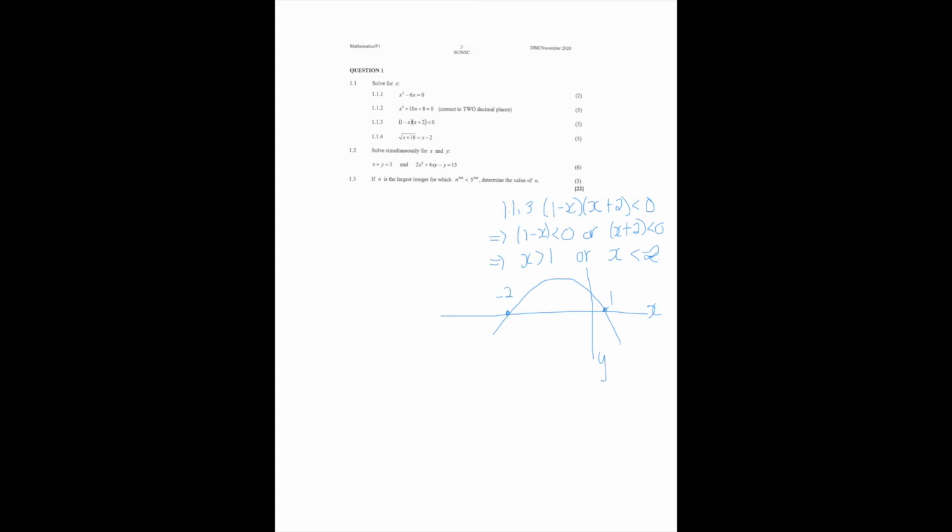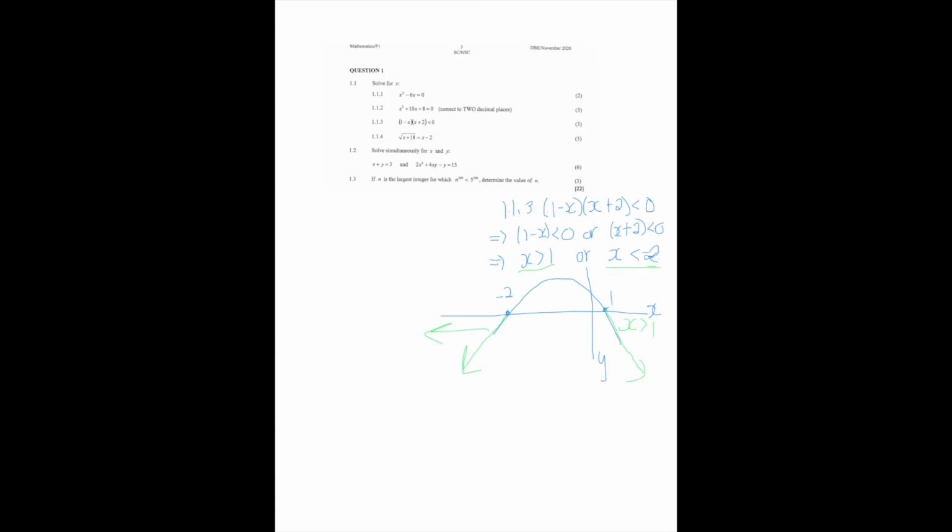And we can see that the values of y are negative where x is less than minus 2, and they're also negative where x is greater than 1, which supports the solutions that we gave here, which says that x is greater than 1 and x is less than negative 2.